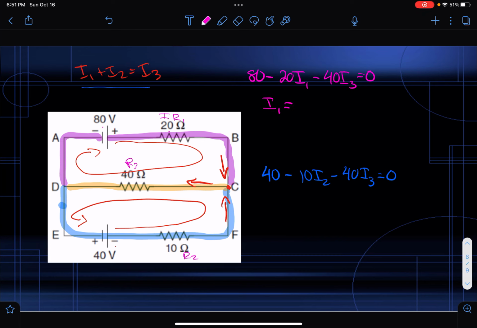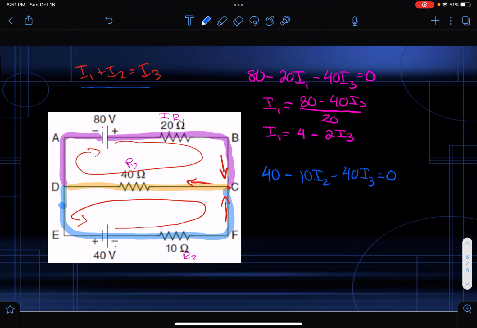All right, so 20 I1 is equal to 80 minus 40 I3. That's over 20, which means my I1 is going to be 4 minus 2 I3.